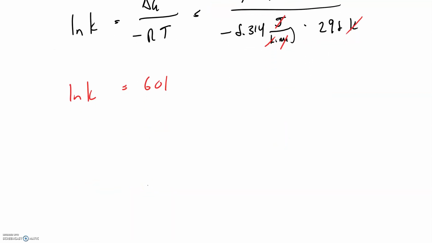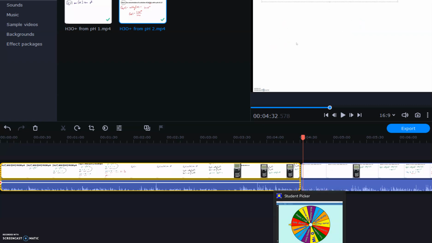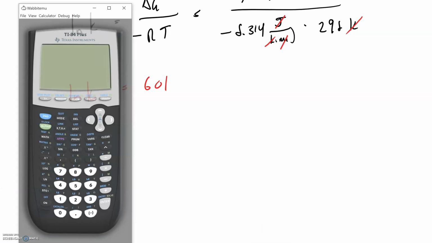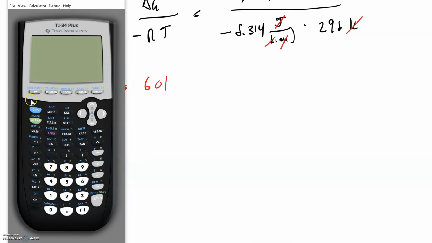Let's take the anti-log of that answer. Isn't this interesting? We're going to take the reverse of natural log, e to the x, of 601, and look what we get. Let's see if this one will do it. Mine doesn't.